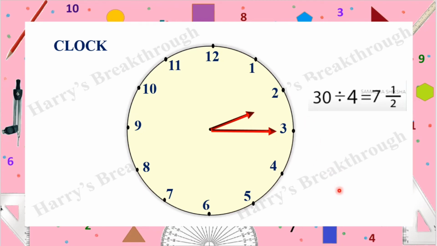So we have to subtract this 7.5 from 30 degrees. We will get 22.5 degrees. So the angle between the hour hand and minute hand at 2:15 will be 22.5 degrees. So like this, you can practice more problems using this clock.